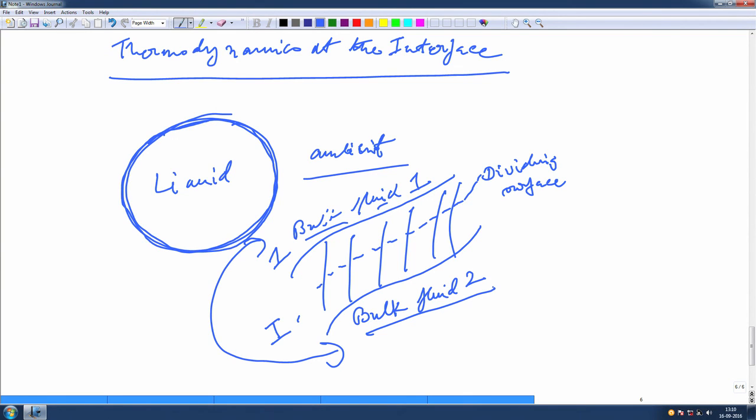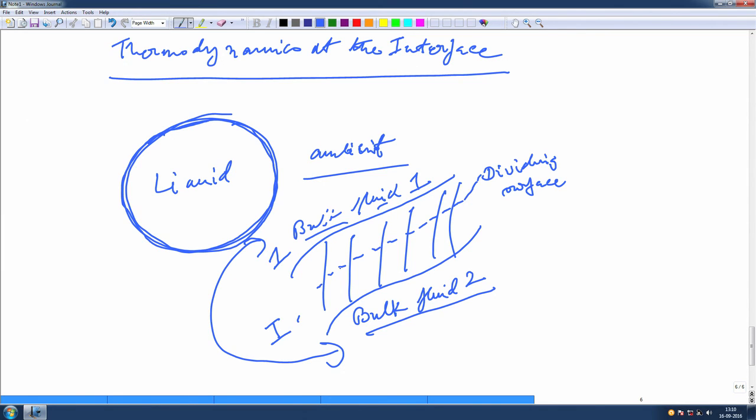Here of course, the two phases are not mixed with each other, but it can also be considered as a single substance which has two phases. That means fluid 1 is a different phase of the same substance, like water and water vapor. It can be actually many things. It can be two immiscible liquids, it can be a single substance with two phases, it can be a mixture of gases in contact with a solid surface, or it can also be a chemically reacting interface.